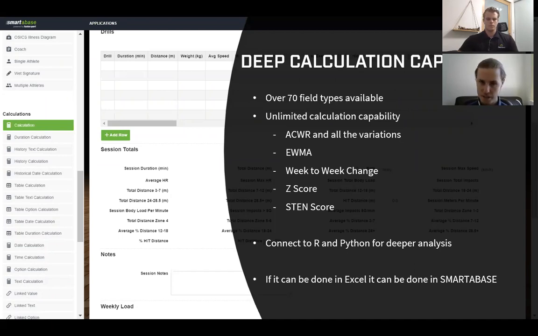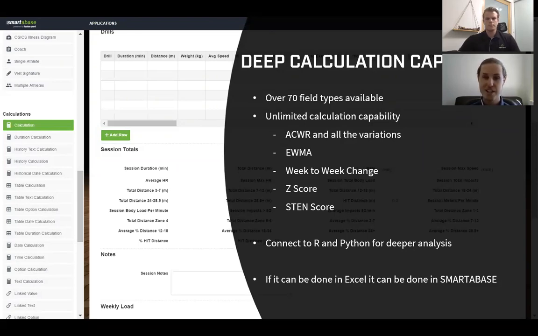So to name a few that we'll explore today in this webinar, your acute to chronics, looking at those acute versus chronic windows and determining a ratio based off that concept of the fatigue and fitness model. I'm sure we've all read a little bit around Bannister's models in that respect.